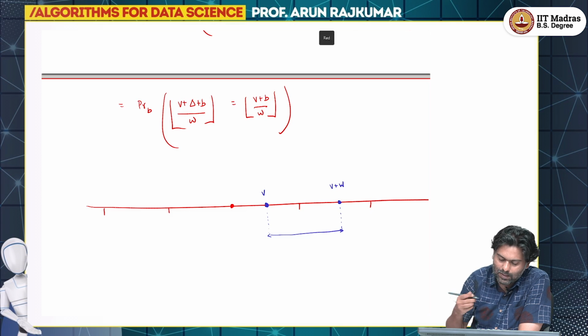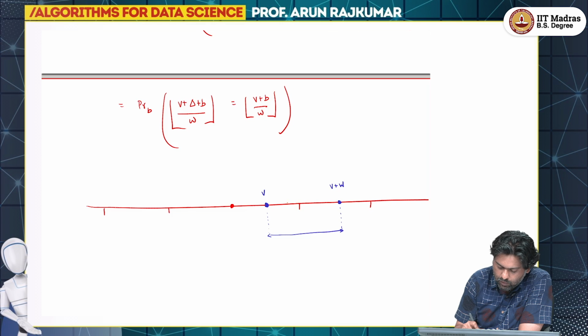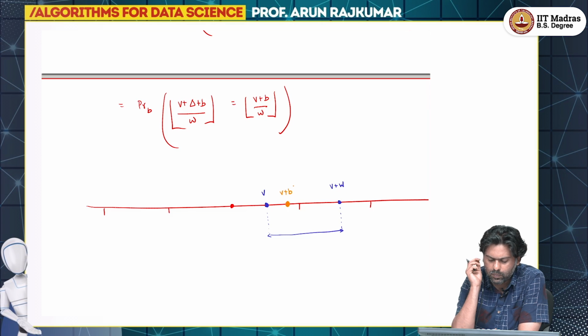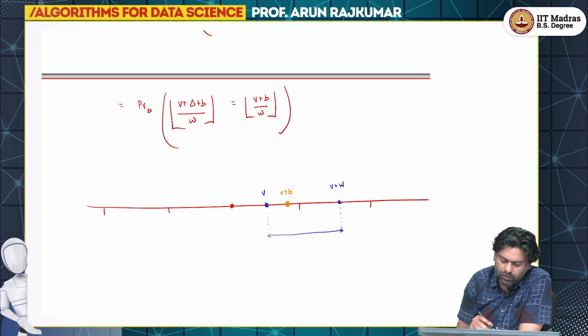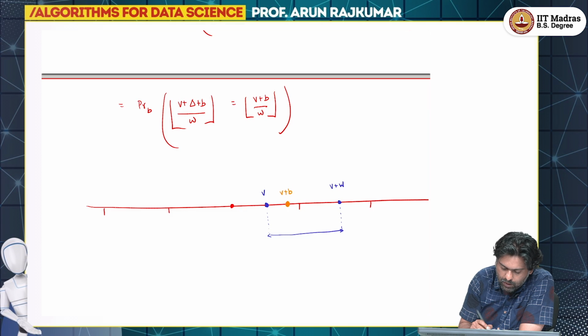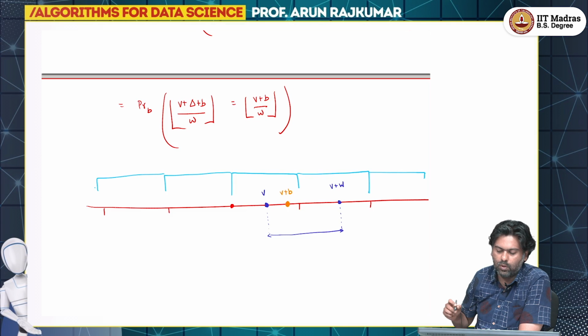Now, let us say there is some number that gets generated, and for the moment let us say B was this, right. So, B was this amount. So, this is V plus B. Now, if I divide by W, then I am in this box, right. So, this is box 1, this is box 2, this is box 3, this is box minus 1, minus 2, and so on and so forth, right.